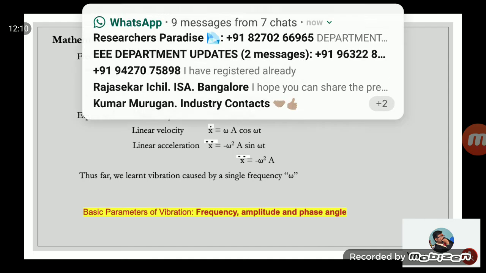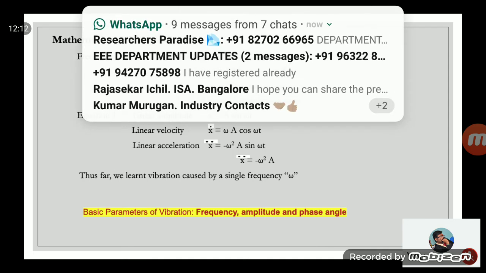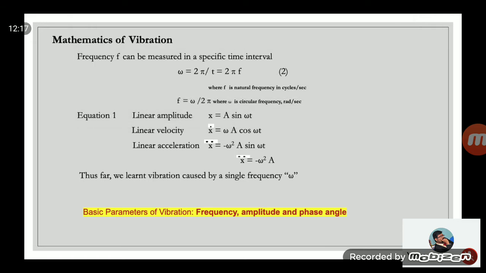Okay. And so that's what we know: what causes vibration, what's the frequency. It's all single frequency. So in order to define vibration, you have to know what frequency it is vibrating at, what is the amplitude, what is the phase angle. Okay. All those things you should know.